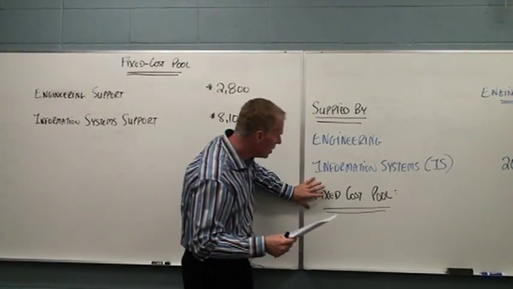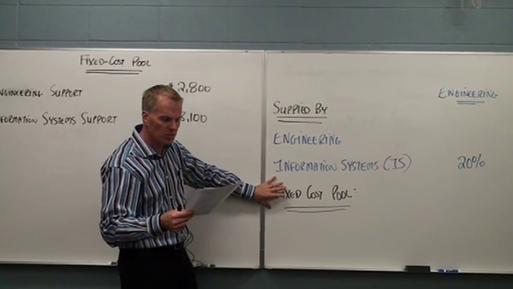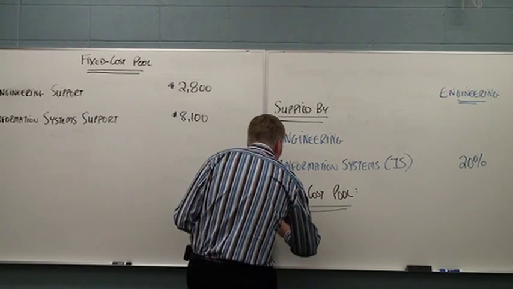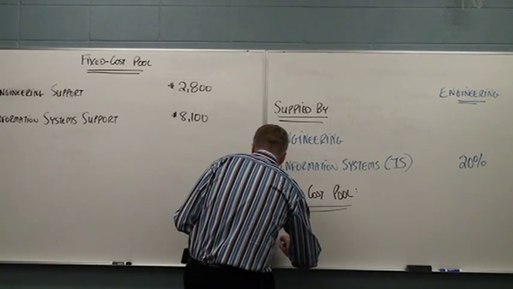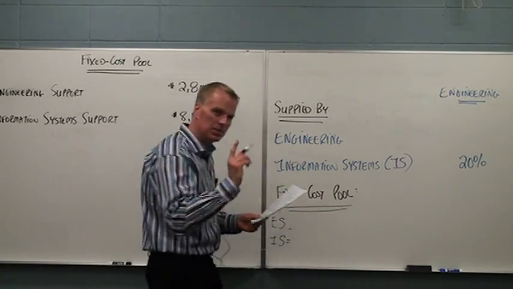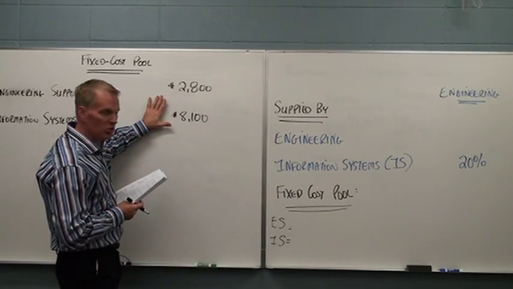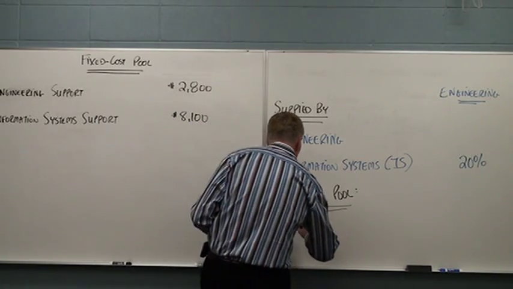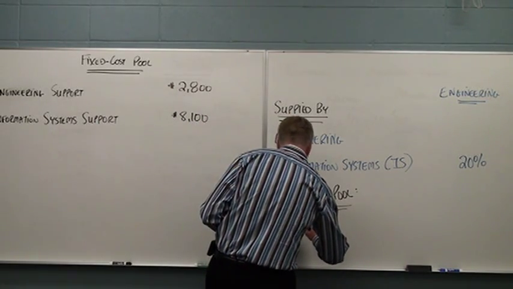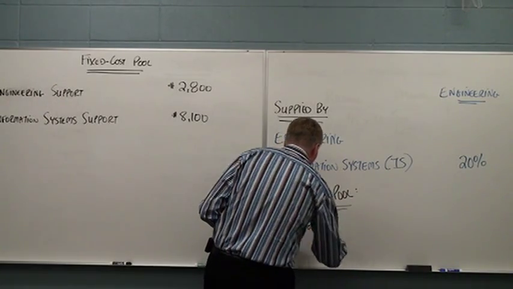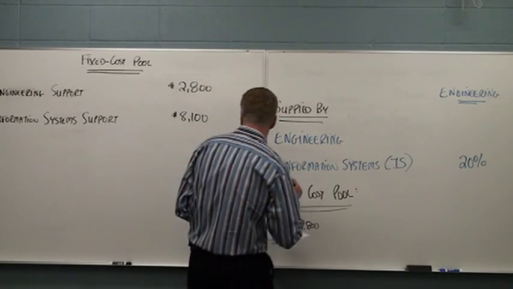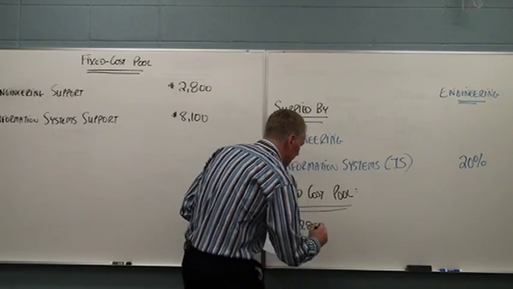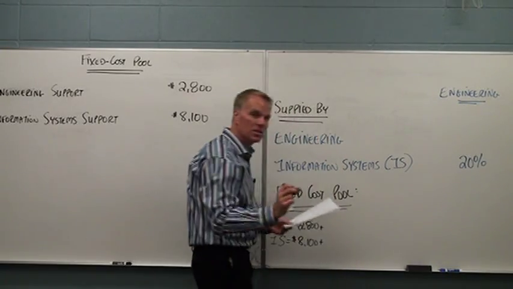For my engineering support and my information system support, I can use this information right now and start my two equations. So for engineering, we know the cost there for fixed is $2,800. We know the cost for information systems is $8,100. That's my starting point.